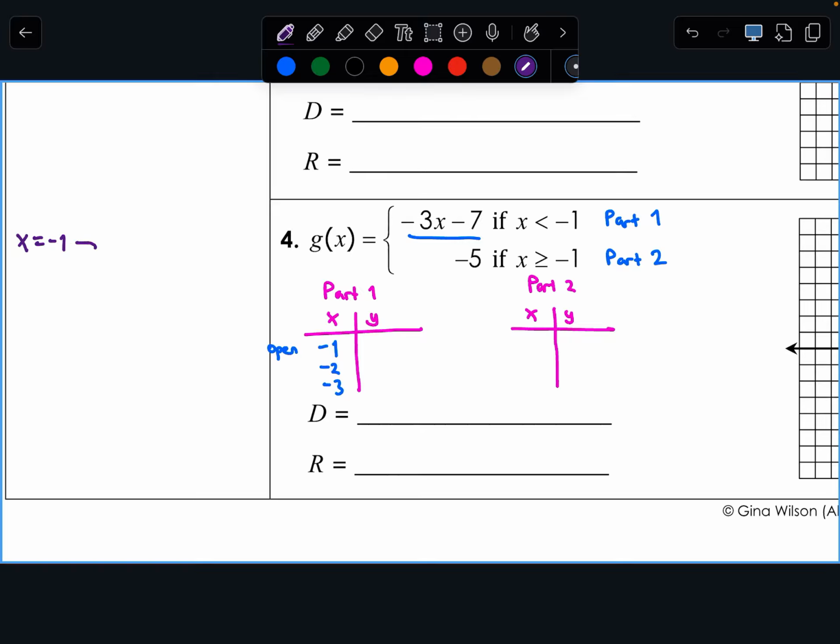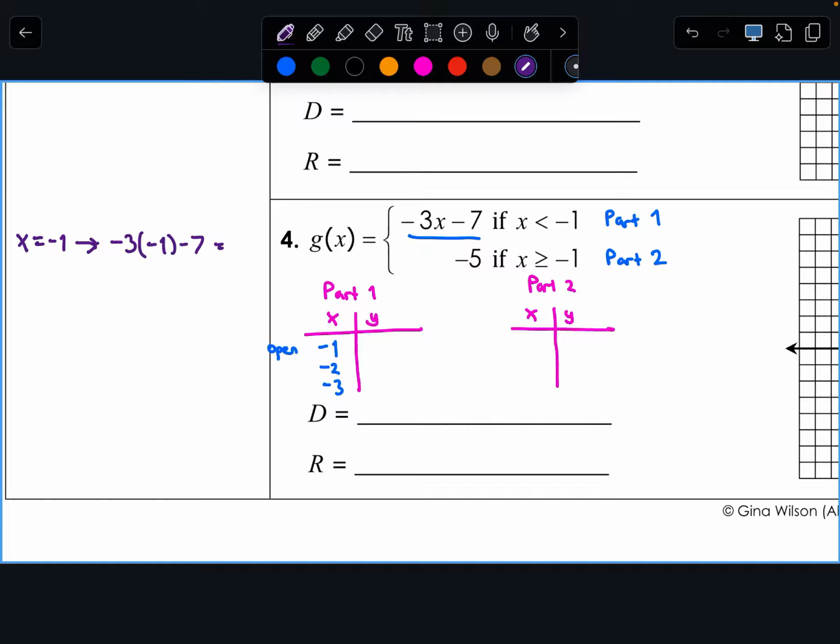I'm going to plug in -1 into the equation, so it's going to be -3 times (-1), minus 7. All I have to do is calculate what that's equal to. So, what is -3 times -1, and then minus 7?